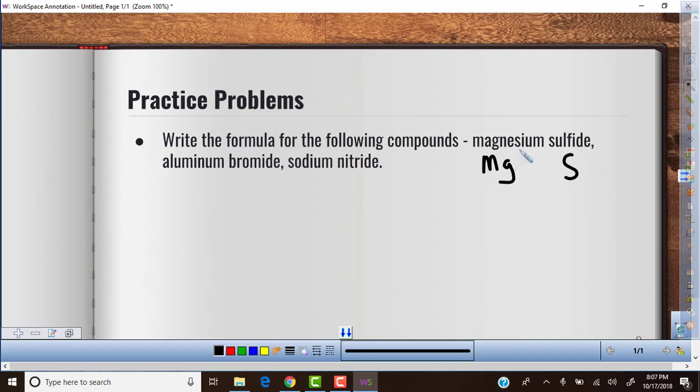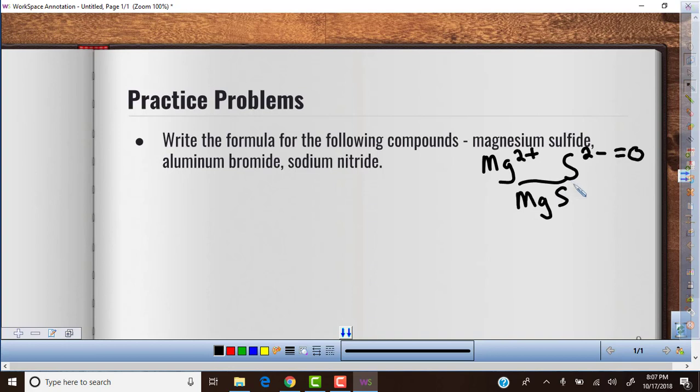Mg is a 2+, and sulfur is a 2-. Now, again, in a compound, our charges have to balance out to equal 0. In this case, the +2 cancels with the 2- because their charges cancel out with one another. So our formula is just going to be MgS.